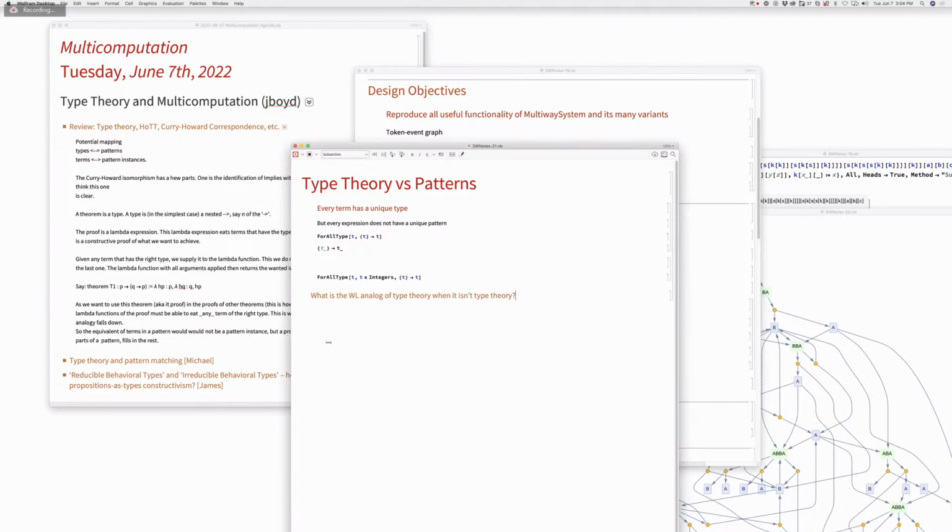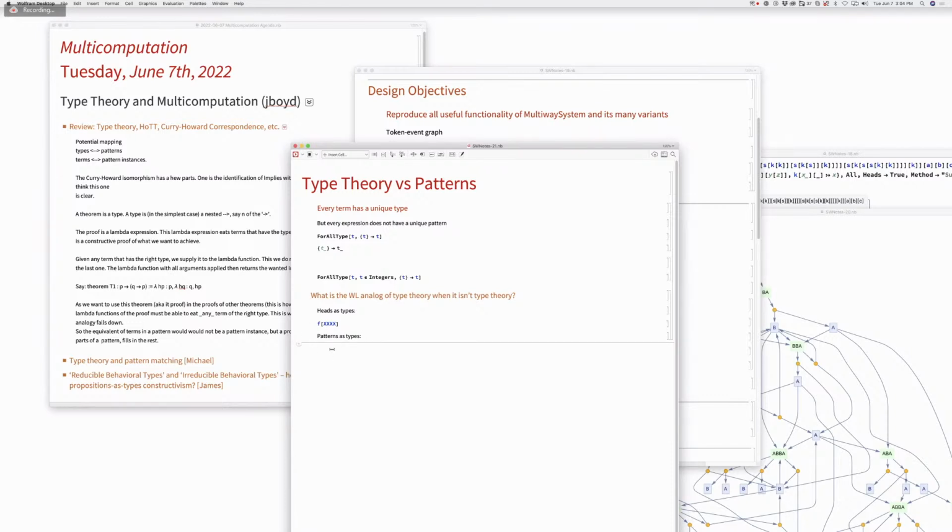If we don't have types like in the compiler, what is our closest analogy? One obvious analogy from ages ago is heads as types. That's one possibility. Another one might be patterns as types. Can we get some idea and analysis of what's going on here? Are those equivalent, those ideas?